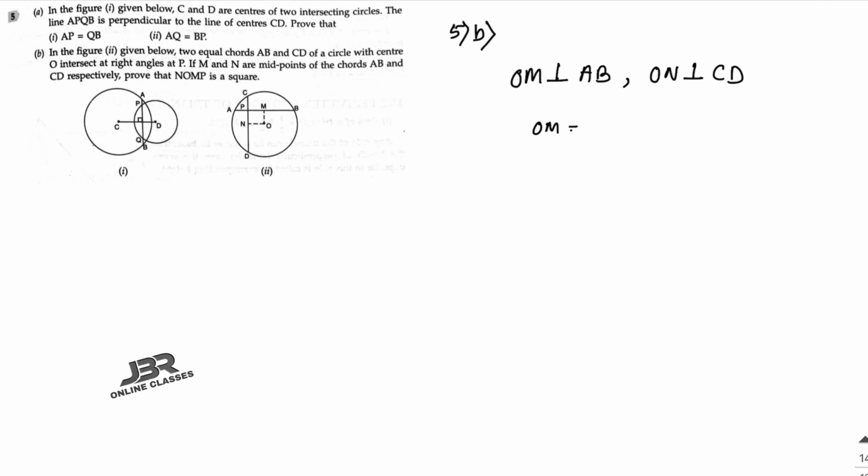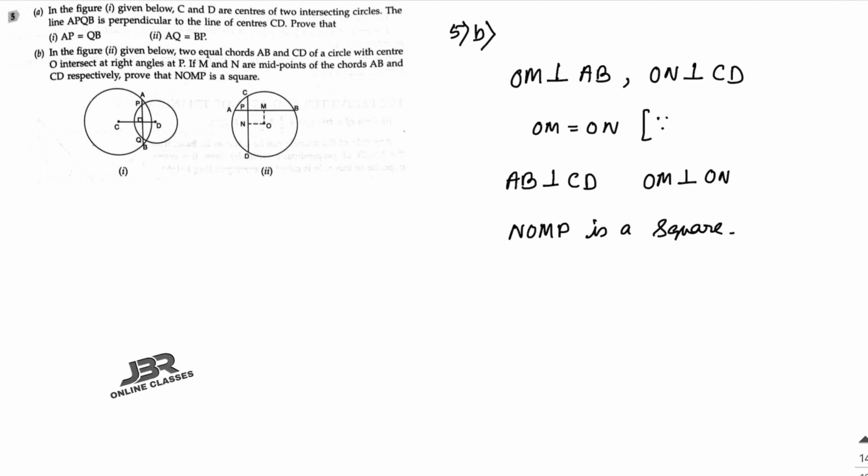That means OM is equal to ON, because equal chords are at equal distance from the center. Definitely AB is perpendicular to CD, and OM is also perpendicular to ON. Hence NOMP is a square, and it's proved.